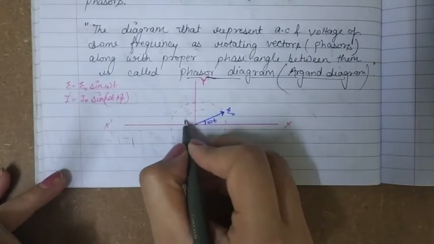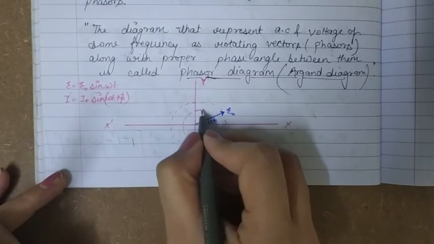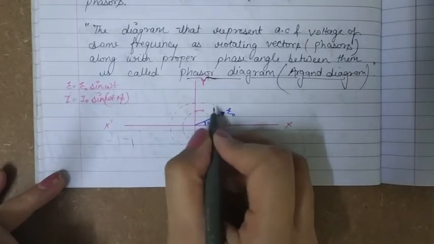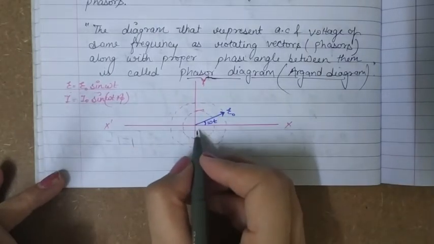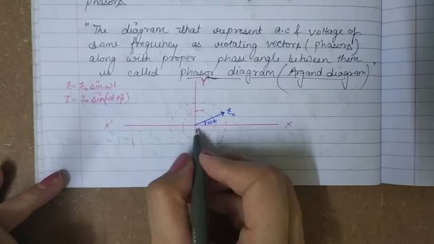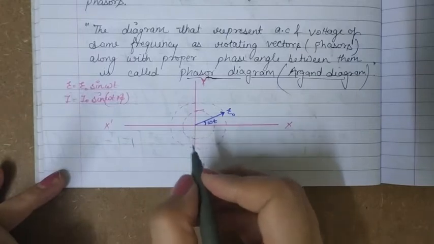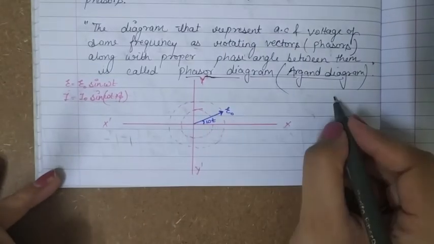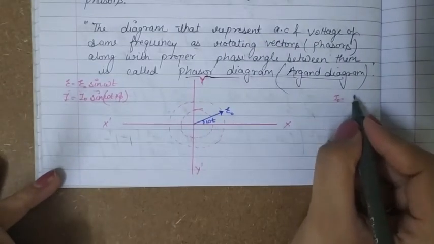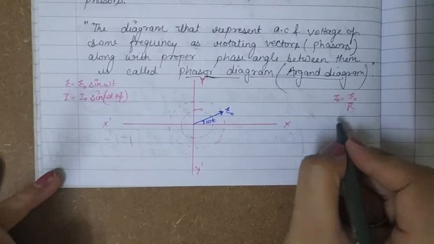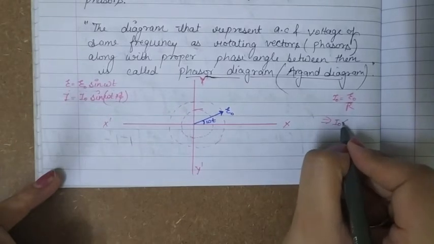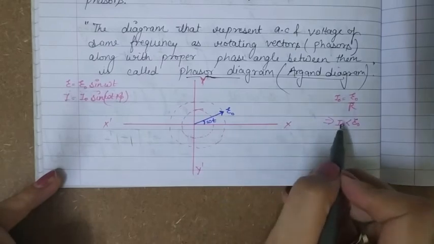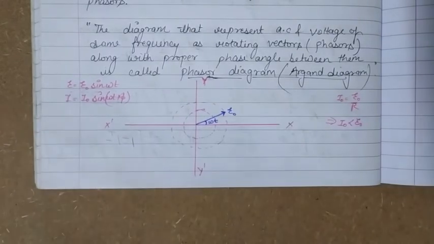If the magnitude of current is smaller than EMF, then the circle will be inside the circle of EMF, and if it is more than EMF, then it will be outside. But we know that I naught is equal to epsilon naught upon R, which implies that I naught must be less than epsilon naught.